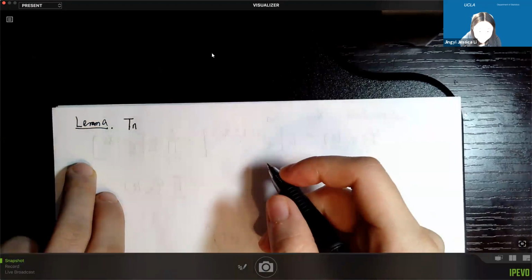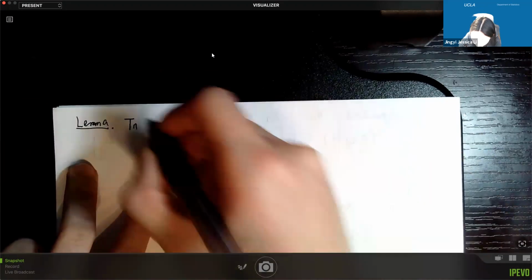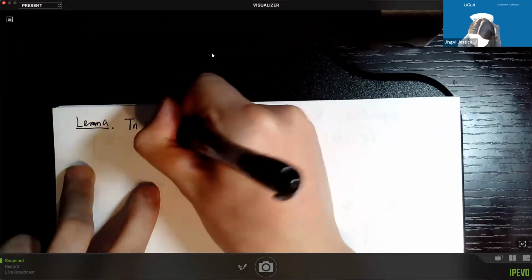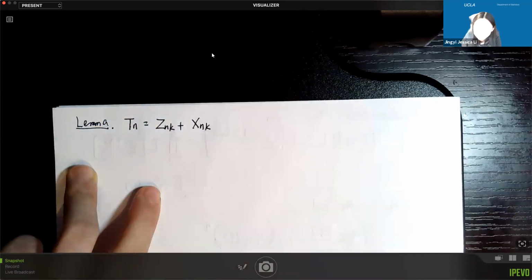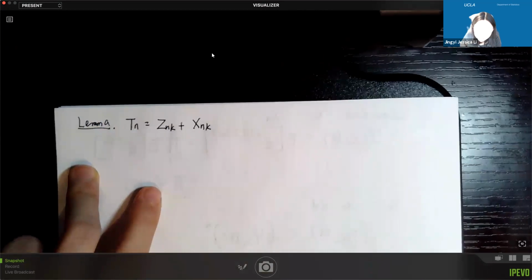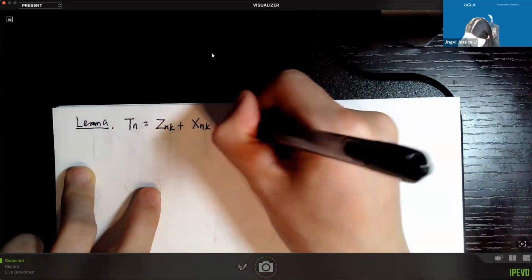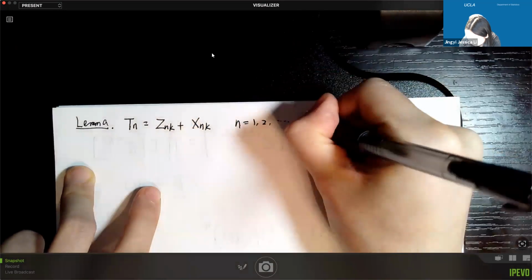T_n is something we want to derive the asymptotic distribution for. We write T_n into two parts, Z_{n,k} plus X_{n,k}. So you see, we introduce another subscript k. Here n goes from 1 to infinity, so does k.